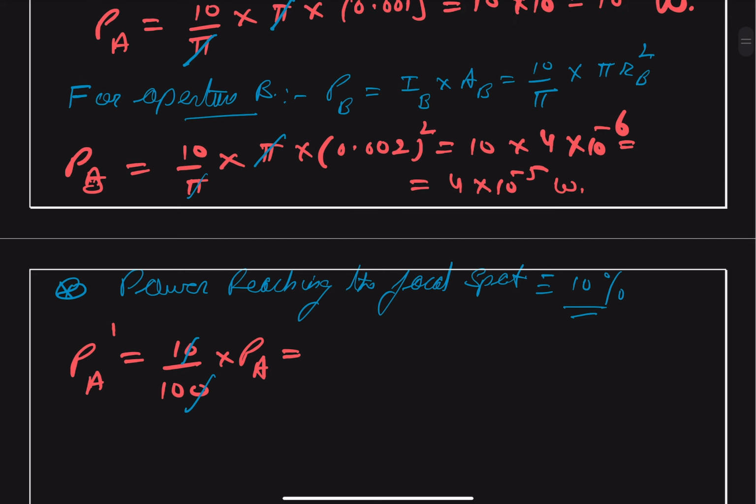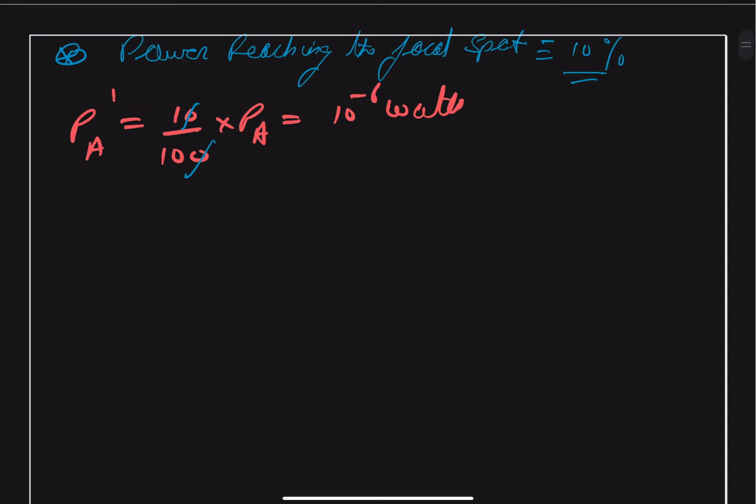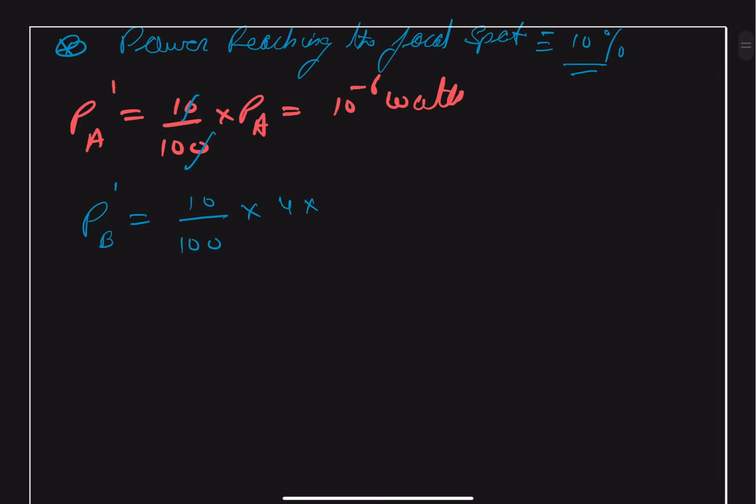PA was 10 raised to the power minus 5, so this gives us 10 raised to the power minus 6 watts. Similarly, PB prime will be equal to 10% of 4 into 10 raised to the power minus 5, which gives us 4 into 10 raised to the power minus 6 watts.